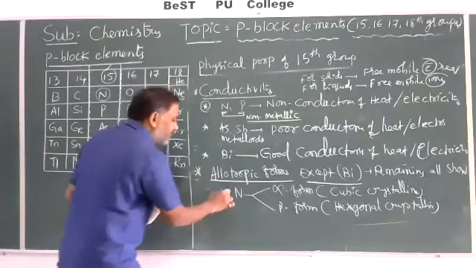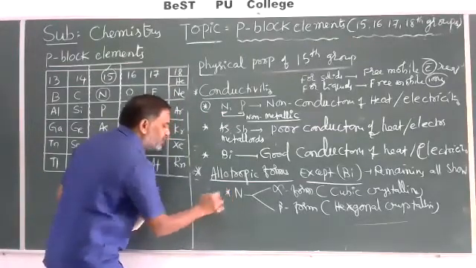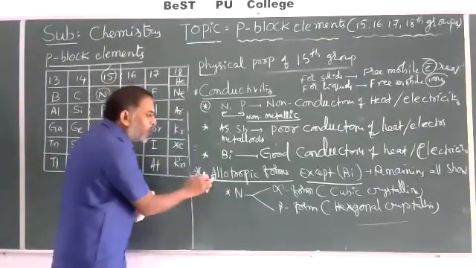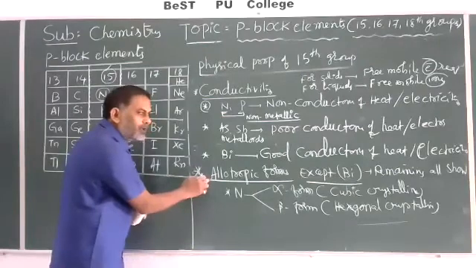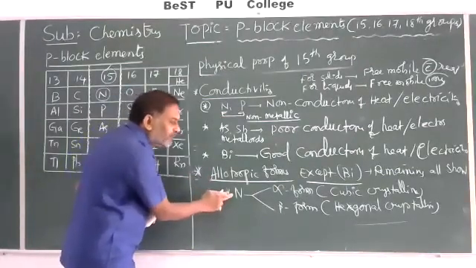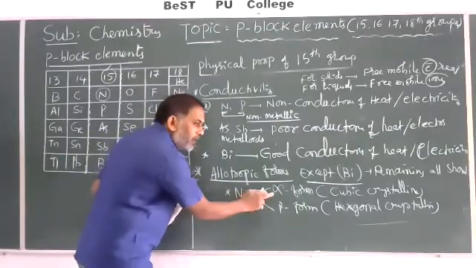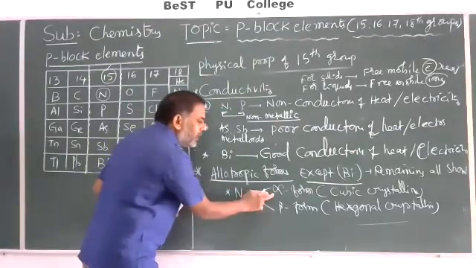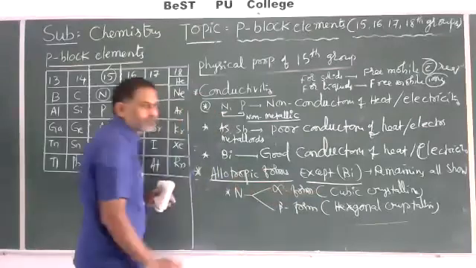At a particular temperature, nitrogen exists in two allotropic forms. So what is an allotropic form of an element? It means one element exists in two or more different physical forms.